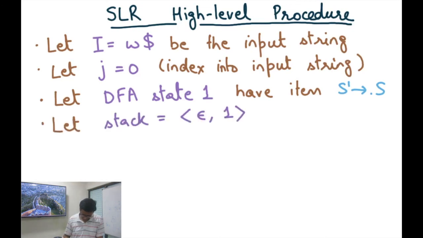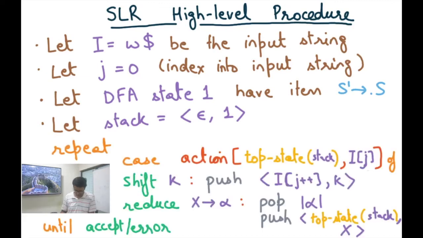And let the initial stack state be epsilon comma 1. So I just initialize my stack to an empty or dummy symbol, but importantly I want to say what the start state is, and that is state number 1, which contains my initial starting production.